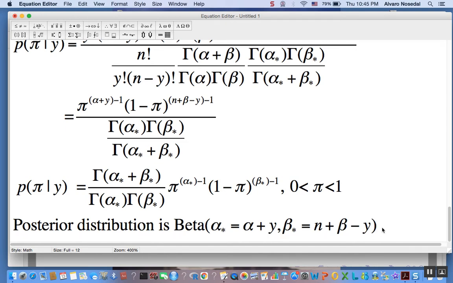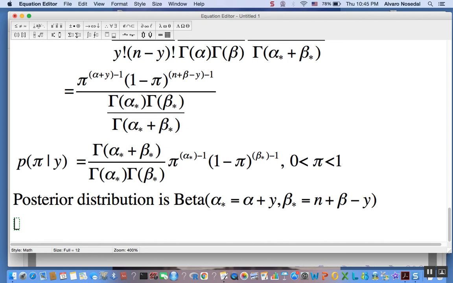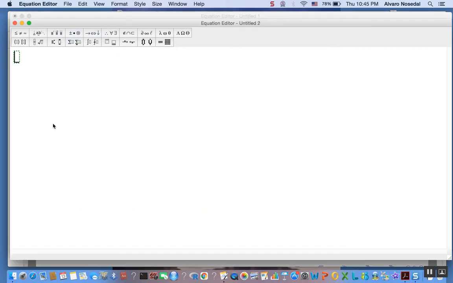Okay. Now, let me just make a comment about proportionality. That is going to be useful. So, let me open a new one here. Proportionality.